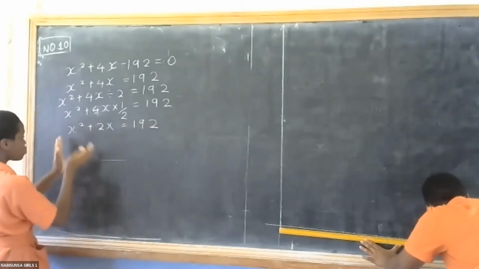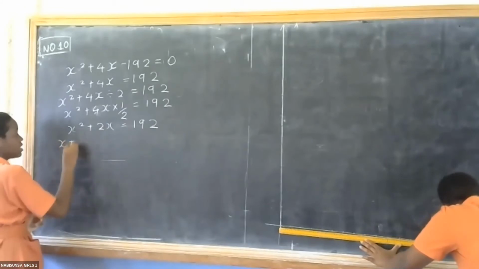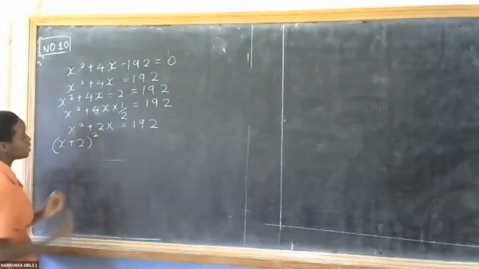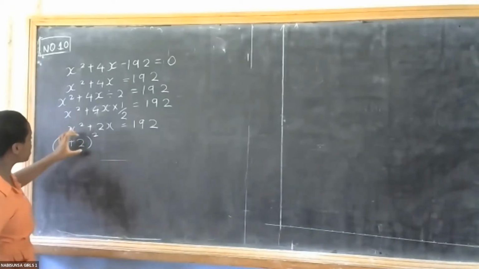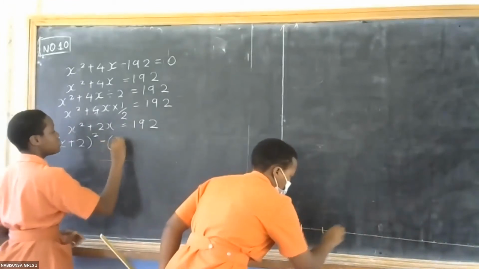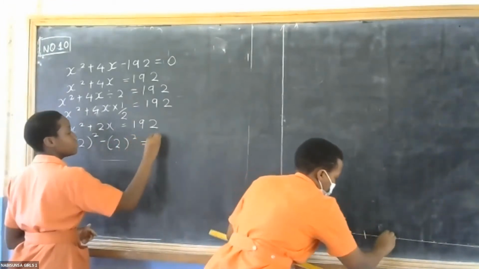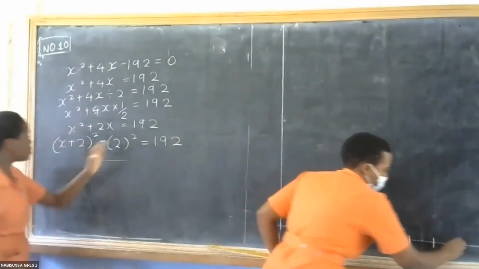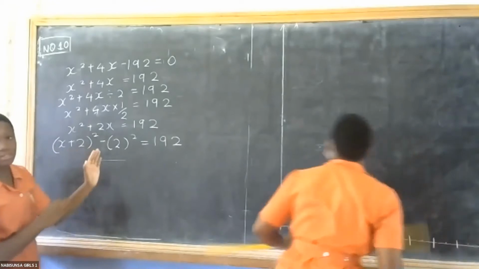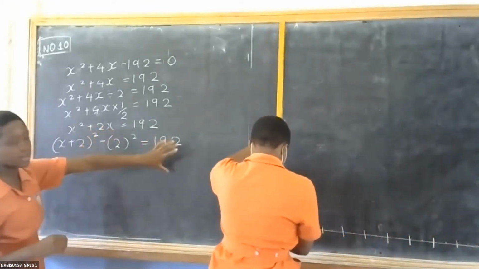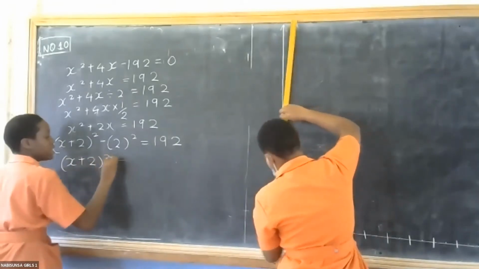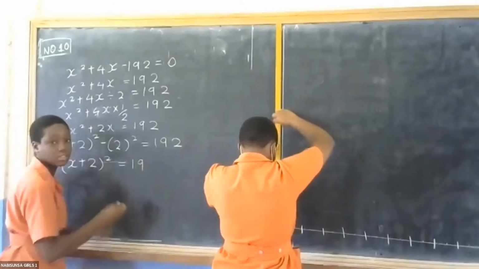So you say after this, x plus 2, to get rid of this squared, you square it outside. Then you subtract from this the coefficient of 2, so minus 2 squared is equal to 192. So from here, in order to start solving it, you transfer this 2 squared to the other side.